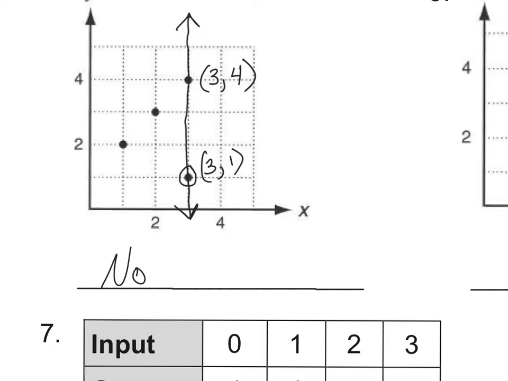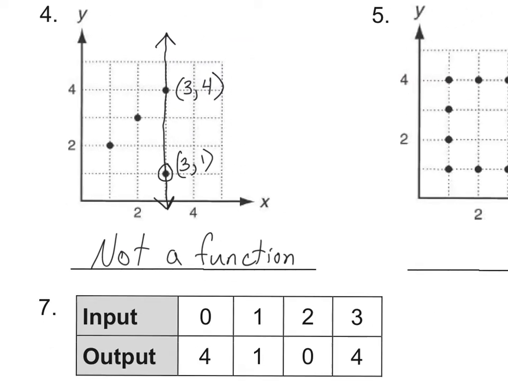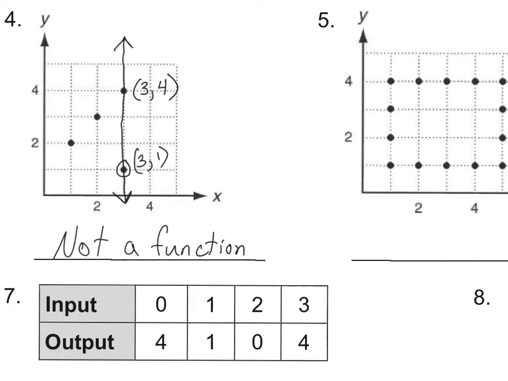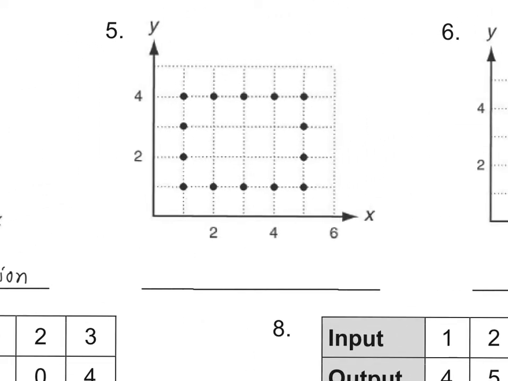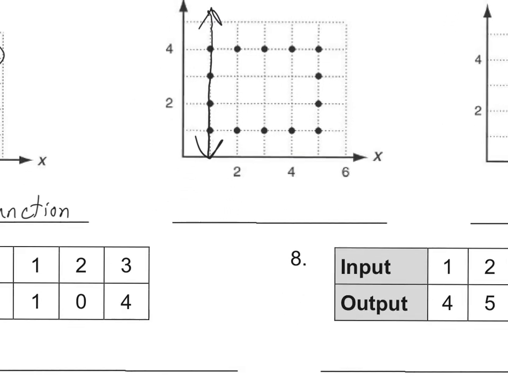So this is not a function, because there's no rule I can apply to 3 to figure out what the output value is going to be, because it gives me two different output values. Same thing goes here. Simple vertical line right there hits 4 points. So that is not a function.